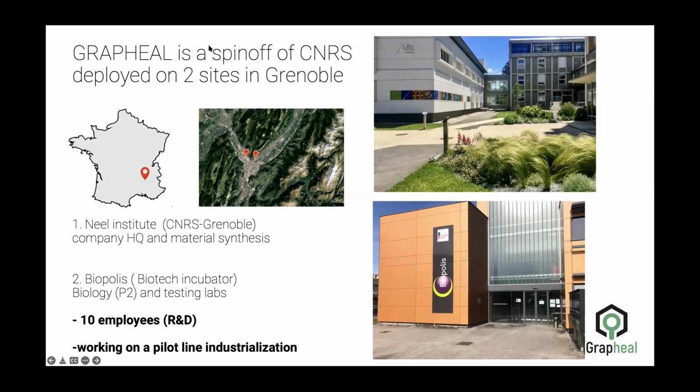We've also opened a biotech lab in an incubator on the other side of the city, just in front of the university hospital. We have 10 employees, mostly R&D, 6 PhDs and 8 different nationalities. At the moment we're working to increase the activity and build the first pilot line to show that the product can be produced at large scale.